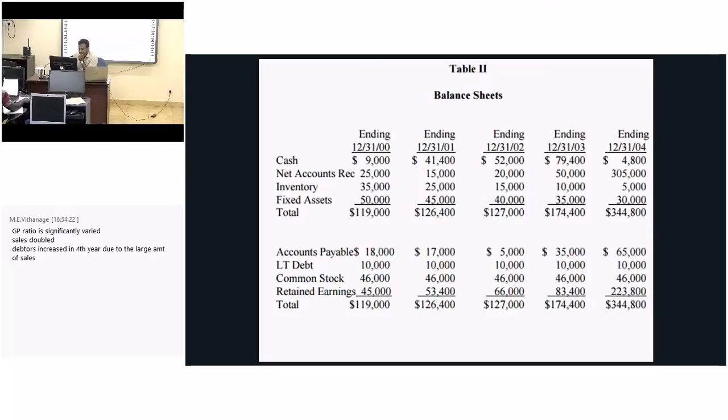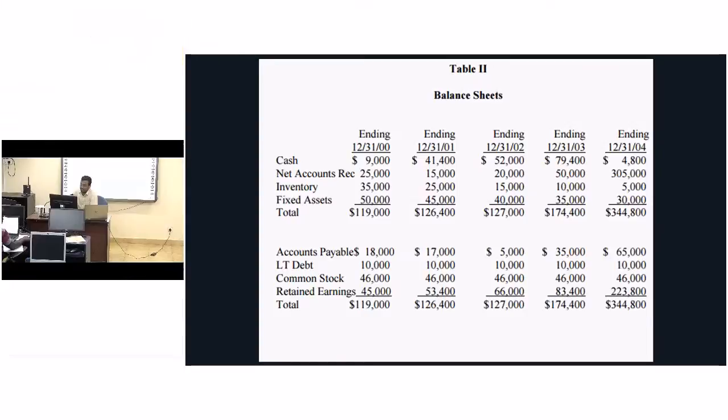Inventory decreases. Look, closing stock is decreasing over the period, by almost 7 times. But on the other hand, what happened? When the inventory amount is decreasing, our sales increase. Also, debtors increase in the 4th year due to the large amount of sales.